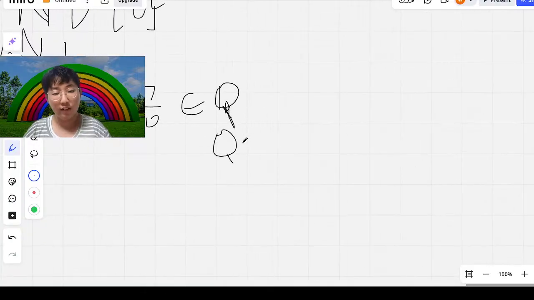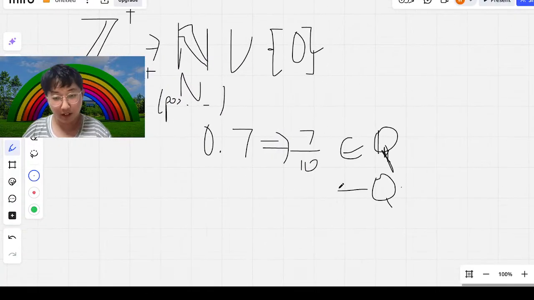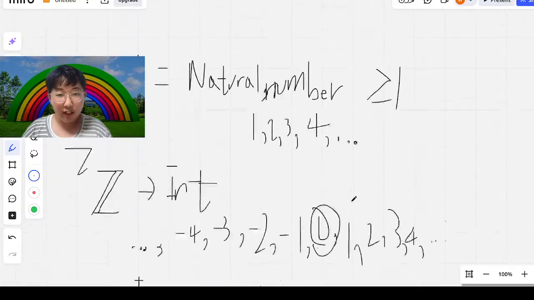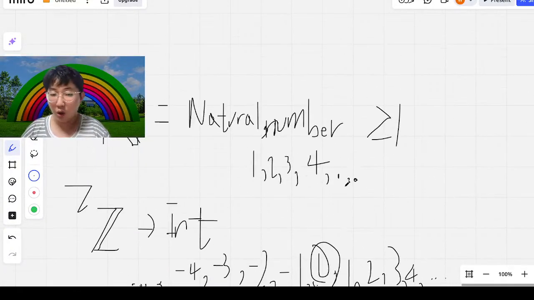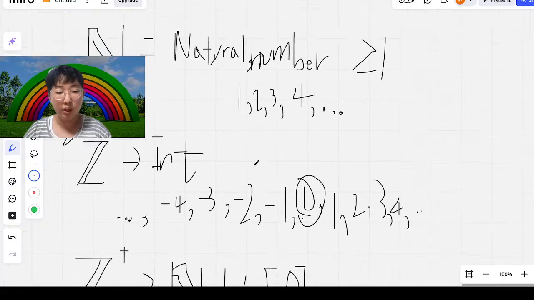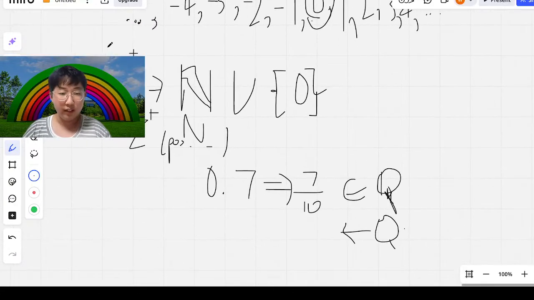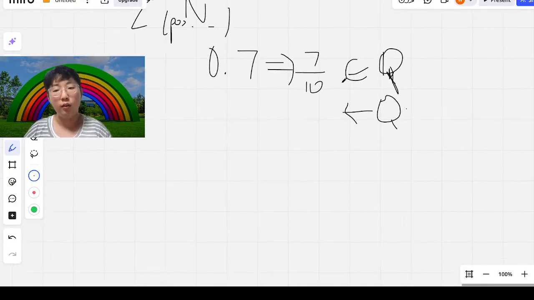But how do we define rational numbers? Because definition is really important in math. We define natural numbers as all whole numbers that are positive, or bigger than 0. We define integers as every whole number: positive integers, natural numbers, with 0. But how would we define rational numbers?